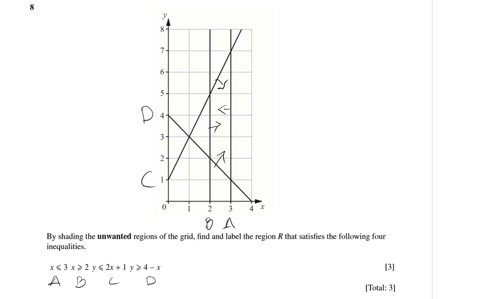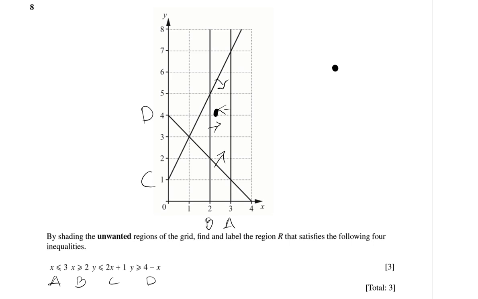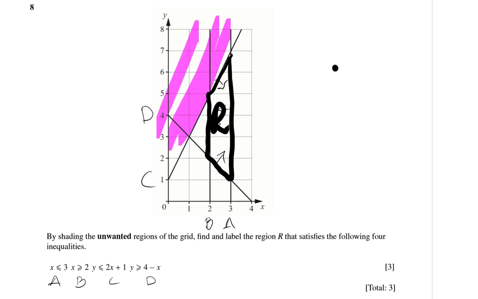So this will be my region R, this thing. This is my region R, and we will shade everything except this thing. This should be the solution.